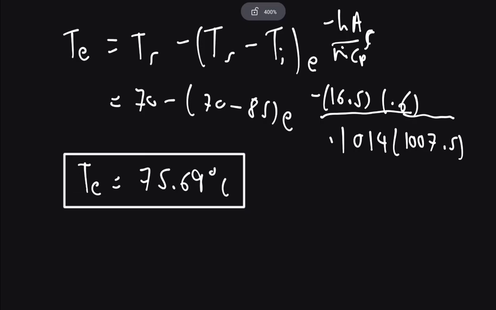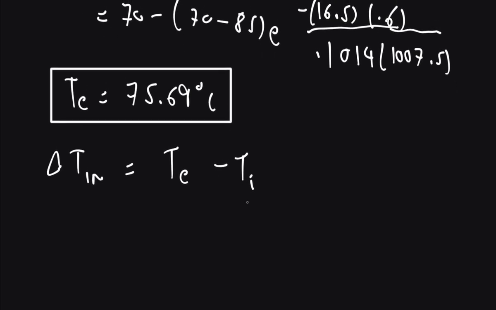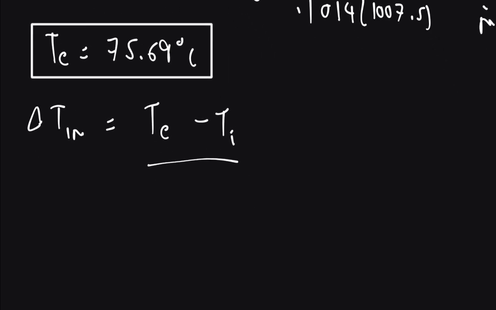Now we need Q dot. To do that, we need the log mean temperature difference, delta T log mean. This is just so we can estimate the effective average temperature difference between these temperatures.